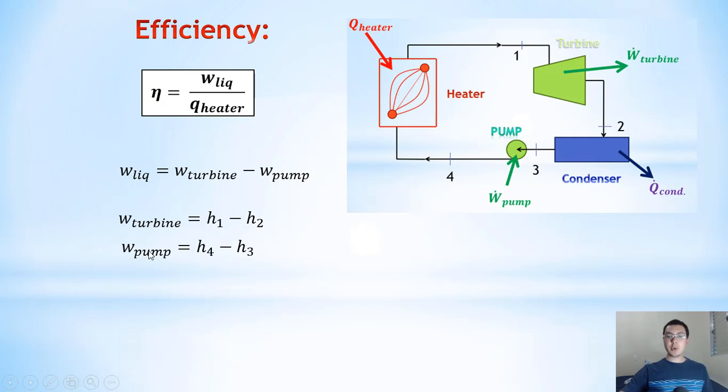The specific work at the pump will be the enthalpy difference between point 4 and point 3. And as I told you before, the specific heat at the heater will be the enthalpy difference between point 1 and point 4. Okay, so now we are able to calculate the efficiency of this Rankine cycle.